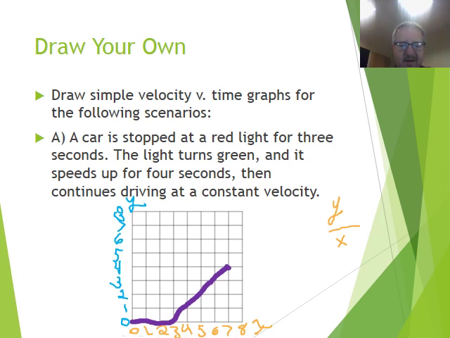And then it goes into a constant velocity. Okay? So it stays the same speed. So it's at 0 meters per second here, and then it accelerates for 4 seconds, and then it goes flat. So that should be what your graph looks like, and that's how you do that. Okay? So stopped for 3 seconds, accelerates for 4, and then continues driving at a constant velocity.